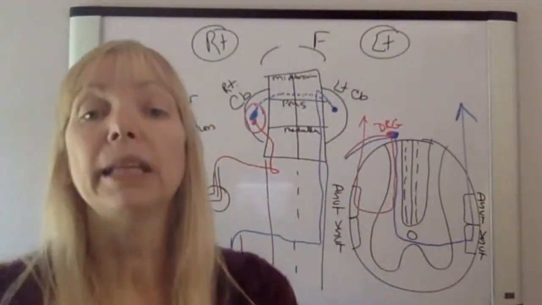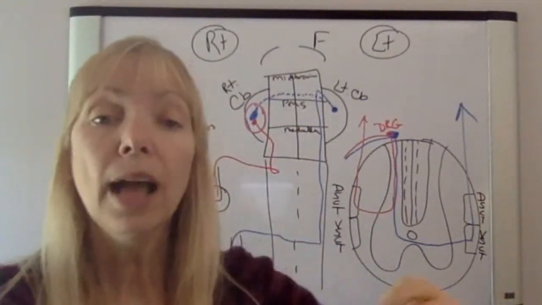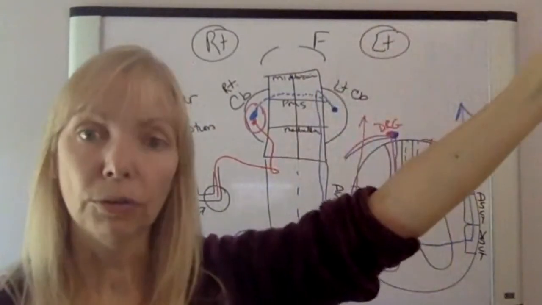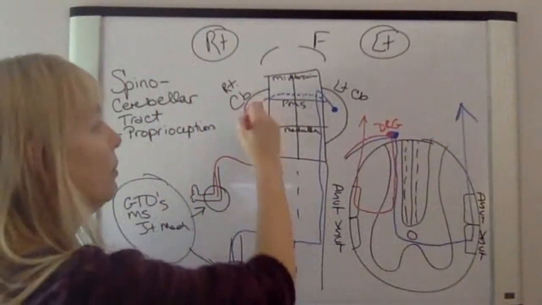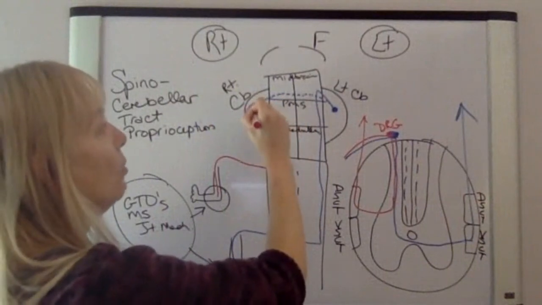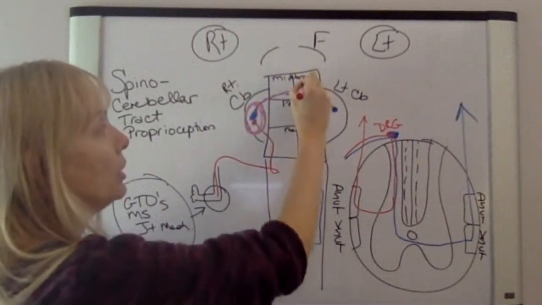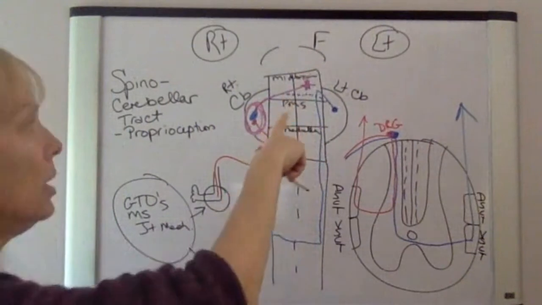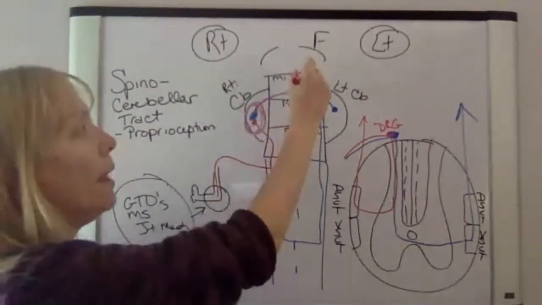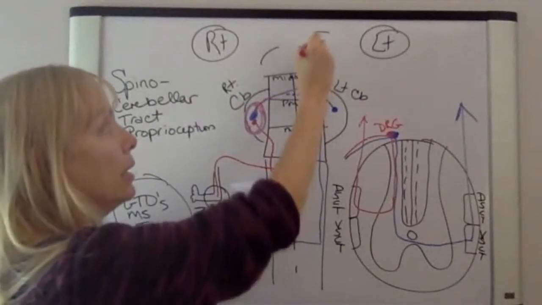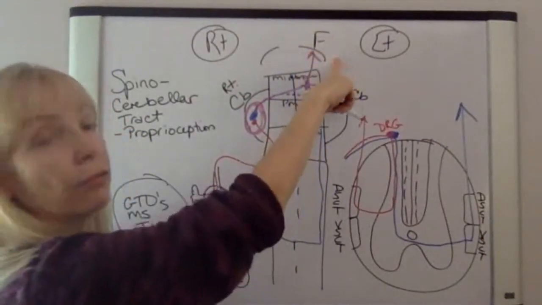So what happens from here? From here, another neuronal pathway takes this same stimulation, sends it over to the contralateral midbrain. So from the right cerebellum to the left midbrain, and then from the left midbrain to the left frontal lobe.